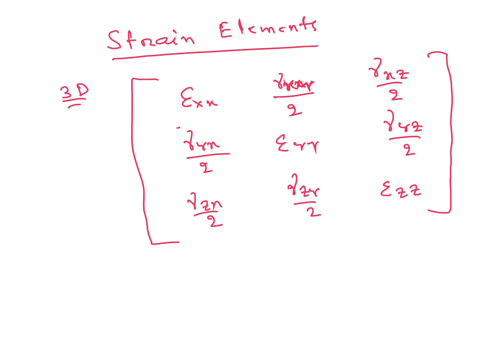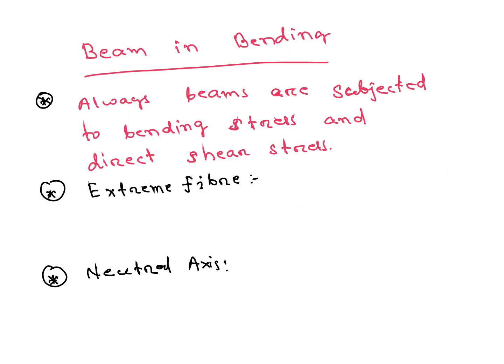When beams are subjected to bending, they are always subjected to bending stress and direct shear stress. In case of a beam subjected to bending, at the extreme fiber, bending stress is non-zero and direct shear stress is 0.